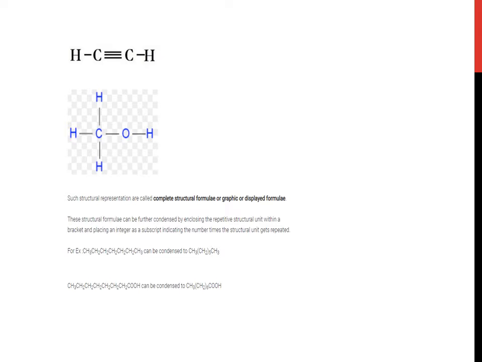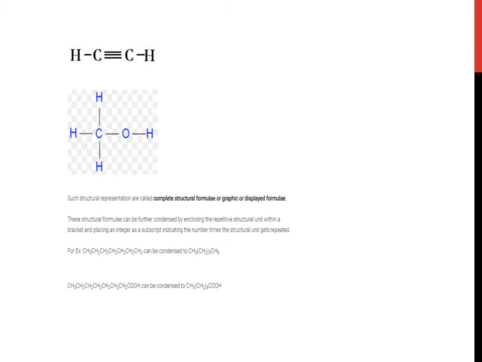These structural formulas can be further condensed by enclosing the repetitive structural unit with a bracket and placing an integer as a subscript, indicating the number of times the structural unit gets repeated. For example, if you have an expanded formula CH3, CH2, CH2, CH2, CH2, CH2, CH3, how many times is CH2 repeated? There are a total of 5 times CH2.